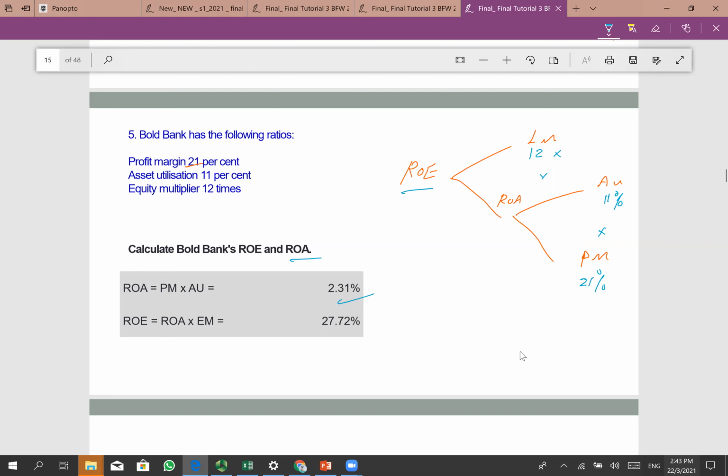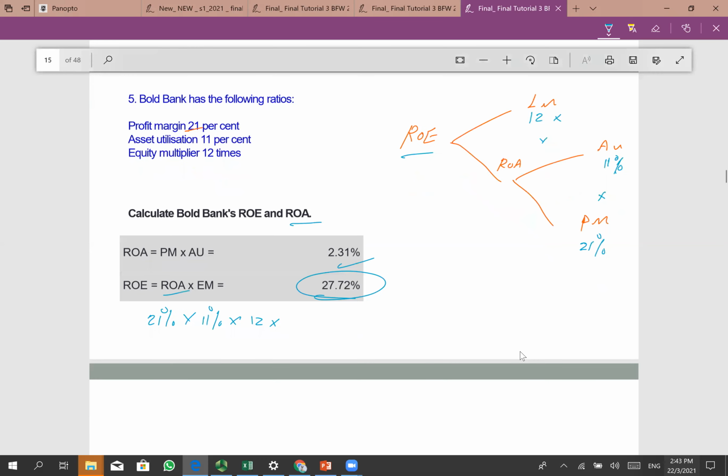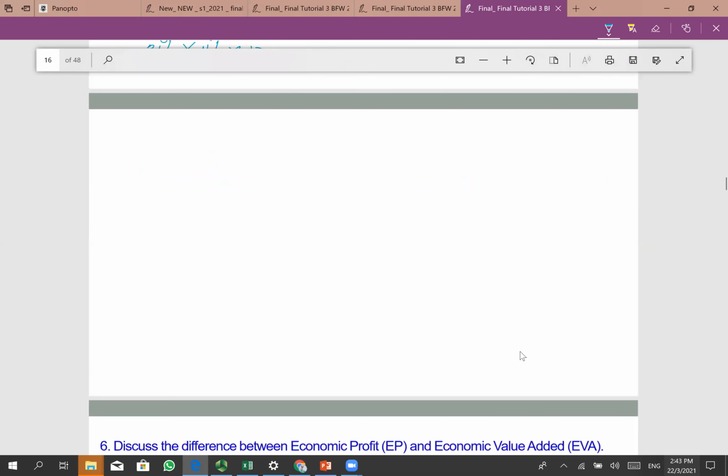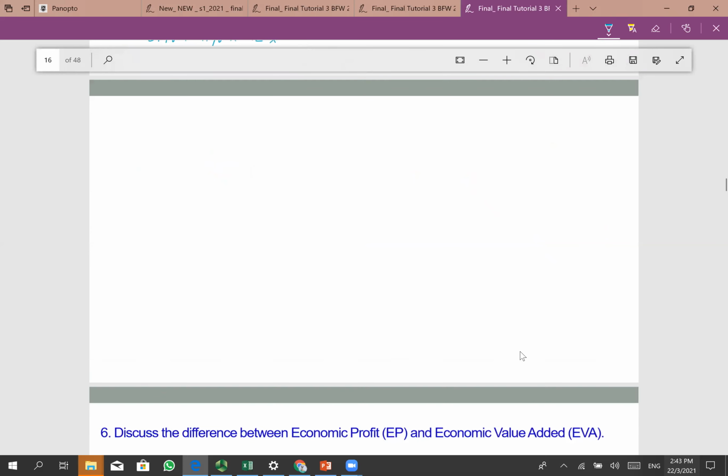I just calculate this times this times this, which is what I did. So this is actually 21% times 11% times 12 times, which is 27. So this is just using our understanding of the ROE. And this is a normal multiple choice question, whatever.